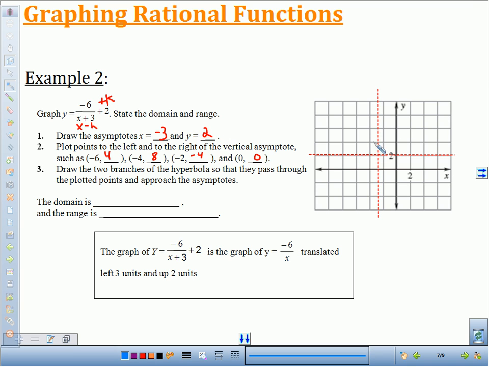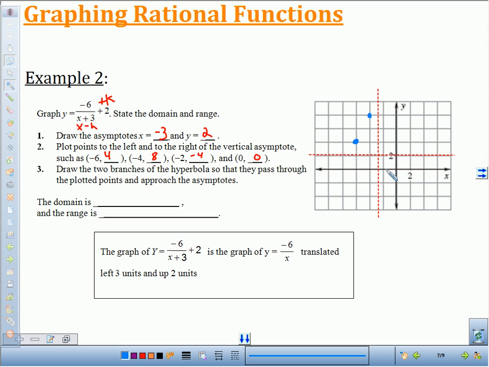Let's plot some points. I've got -6, 4. So starting from my center, I've got -1, 2, 4, 6, and 2, 4. So I got a point right here. I've got -4, 8, 2, 4, 6, 8.